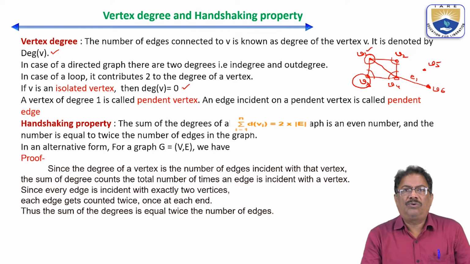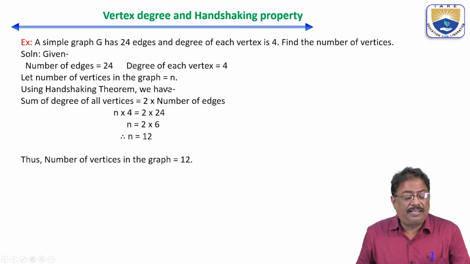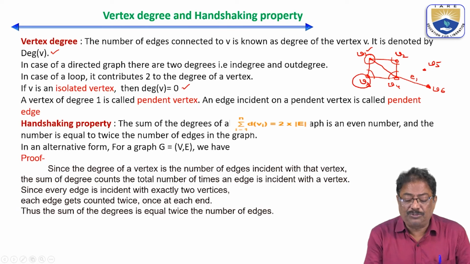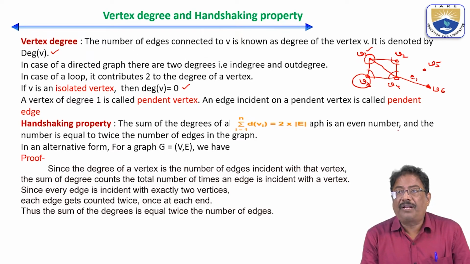Now let us go to one of the properties, that is the handshaking property. Here the sum of the degrees of all vertices of a given graph must be an even number, and it is equal to 2 into the number of edges.